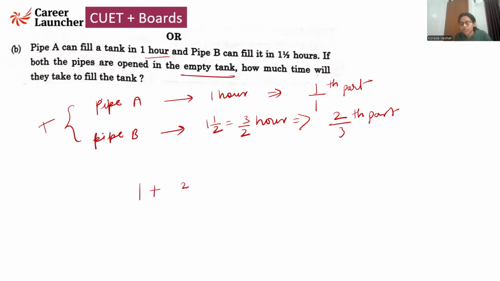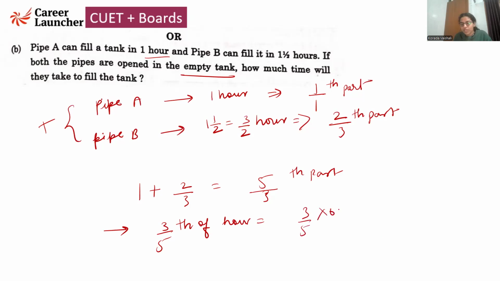I'm getting 1 plus 2 by 3. What are we getting? I'm getting 5 by 3 as the sum, right? So this is the part of the tank that is being filled by both in 1 hour. So how much will it take? 3 by 5th of an hour, right?